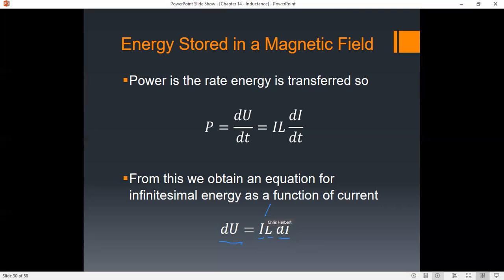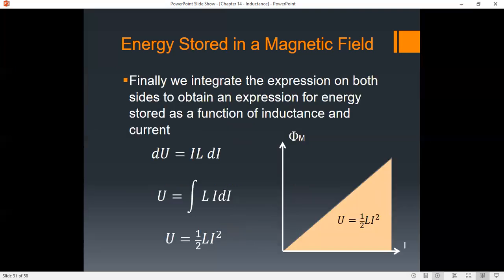I is where the current is right now. dI represents the infinitesimal amount of current that I add to the magnetic field, and dU represents the infinitesimal amount of energy that the magnetic field increases in energy.